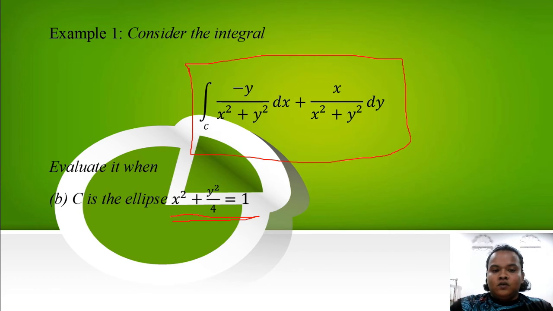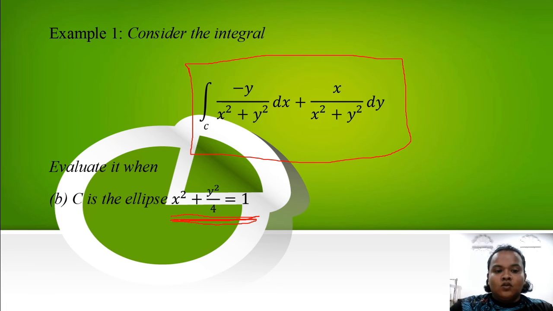So we will evaluate the integral by the question B that already shown. All of you will notice that the ellipse x square plus y square over 4 is equal to 1 lies outside the circle of the radius 1, which we look at in part A that already answered by my friend Hairul Amri.